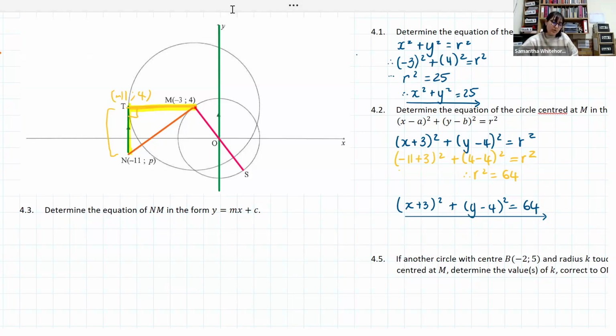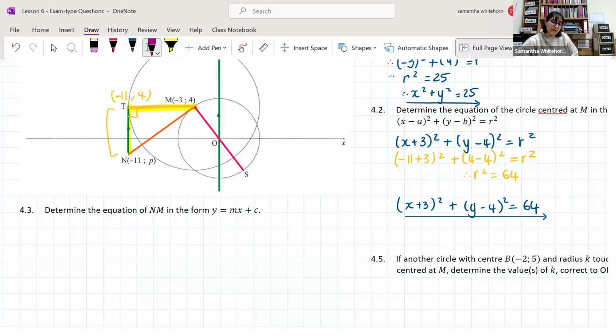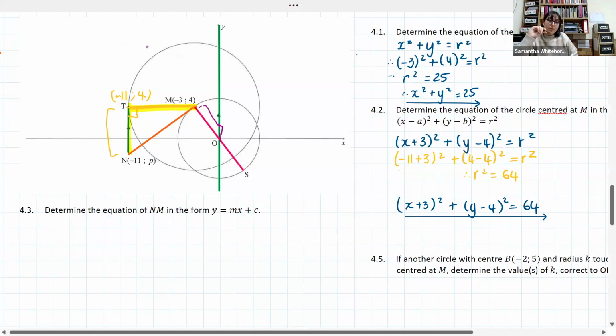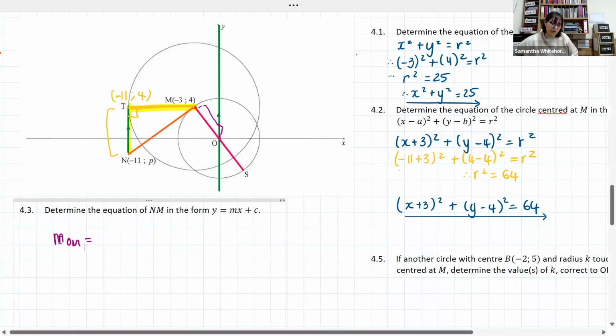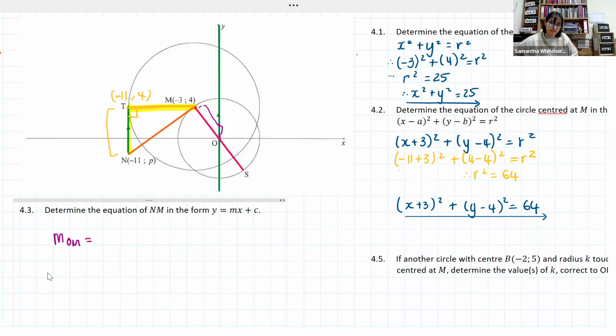So remember, we were told that NM is a tangent. If we can go and work out the gradient of OM, we can work out the gradient of our straight line NM. Okay, so quickly go and work out the gradient of OM for me. What is the gradient of your radius?